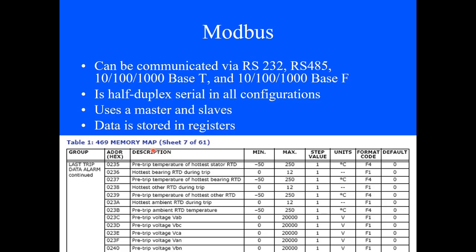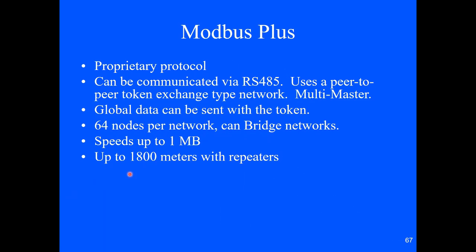The way Modbus works is you have an address, a hex address, and the manufacturers pre-decide what that is. So 0236 is hottest bearing RTD. So you say, tell me what's at 0236. He goes out and gets it and comes back. The next one is Modbus Plus.